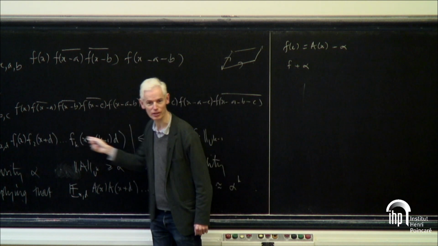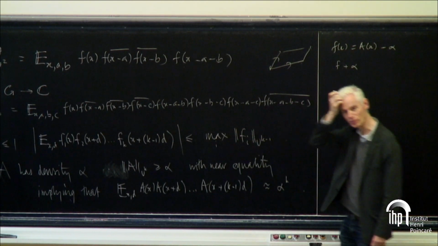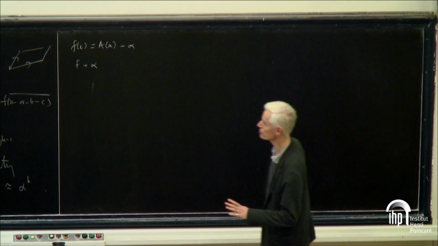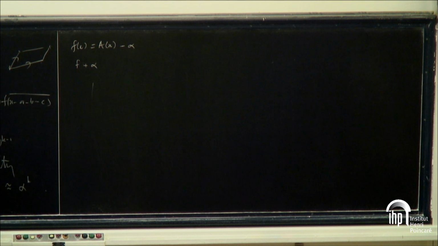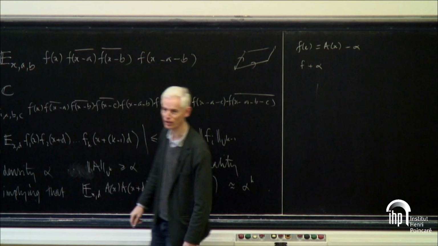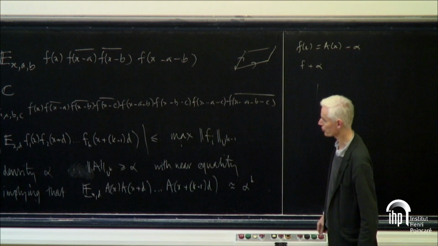You get lots of terms like this, and then you apply this inequality and so on. But the main point is that having good control over the U^k norm gives you a good idea of how many arithmetic progressions you've got.